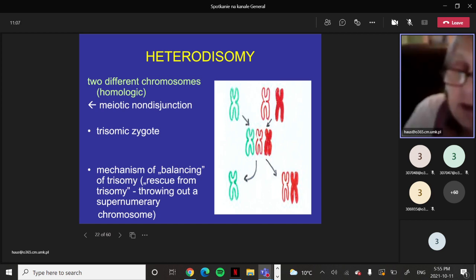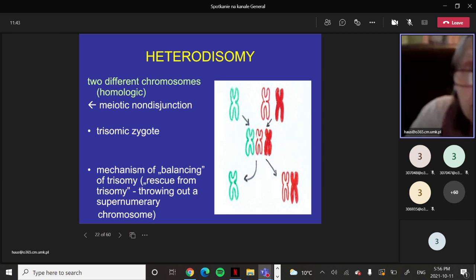It's the best situation, because when one of the red chromosomes is expelled from the cell, the zygote has only two chromosomes, one from one parent, the second one from the second parent. Yes, and this situation is normal. And the probability of expelling one of the chromosomes of this red parent is 2/3.